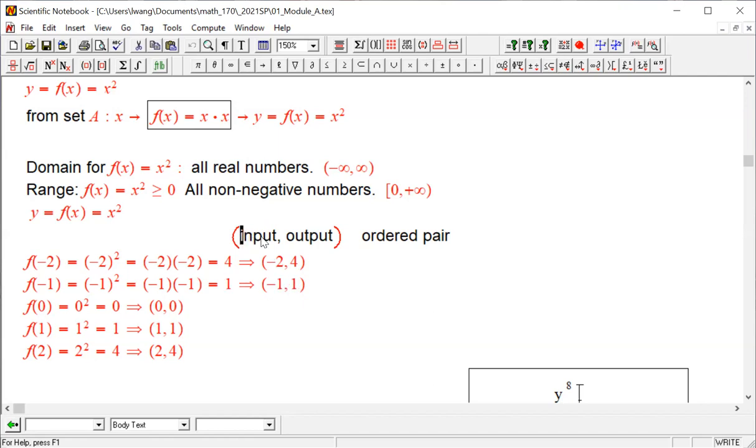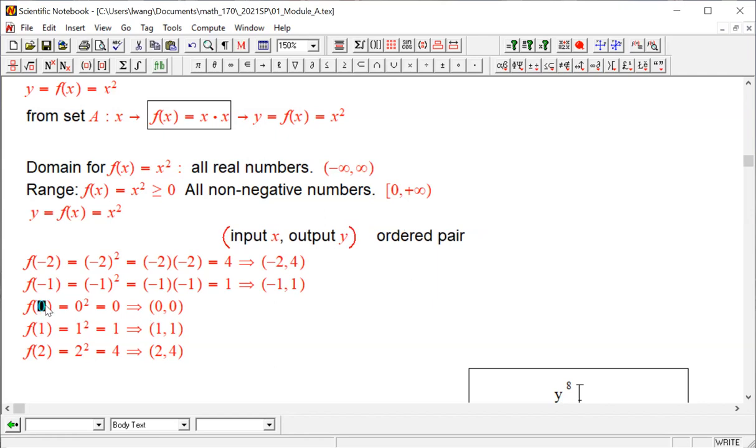See, they're always in the same order. Input is the first number, output is the second number. And you can also say x comma y. So input is x and output is y. All right, so this is the ordered pair.